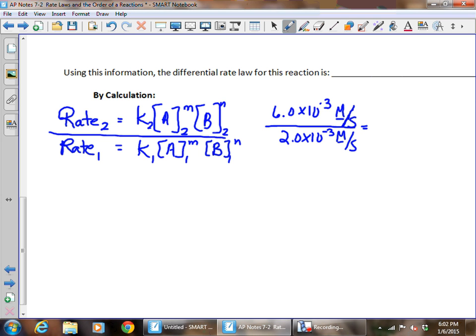Now, the K values are going to be able to cancel, because these are constants, and as long as we're at the same temperature, and these reactions have to be done at the same temperature, they're going to be able to cancel.